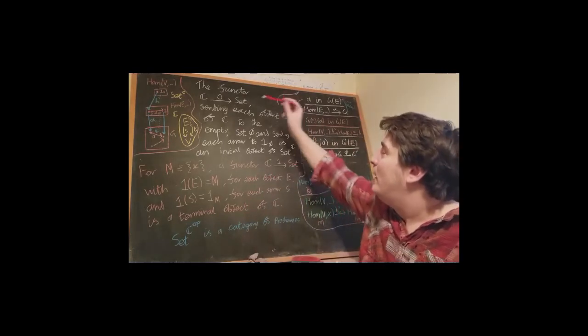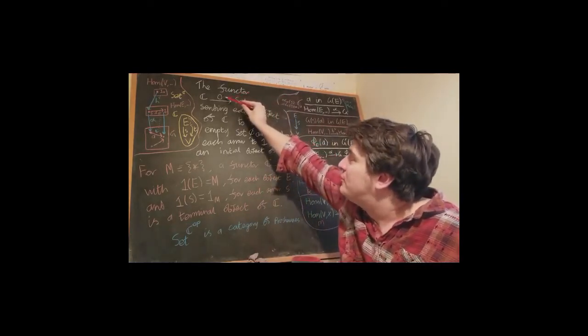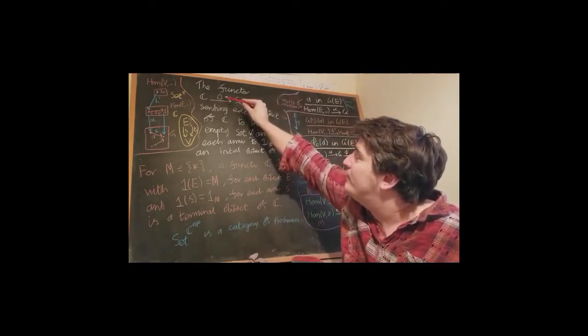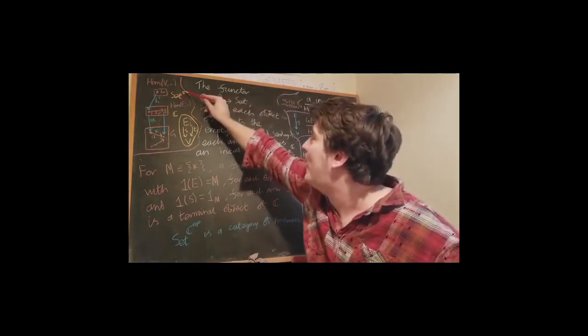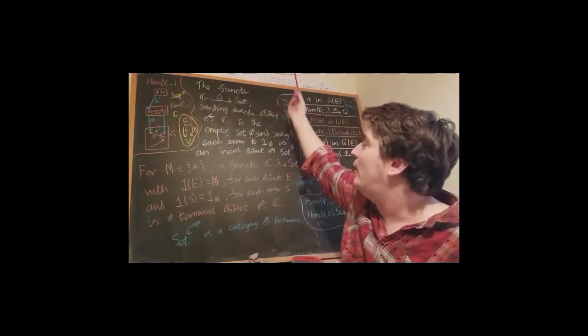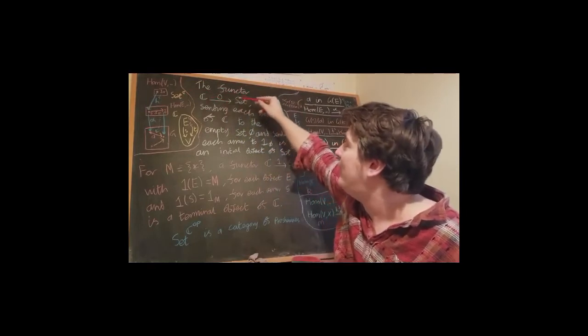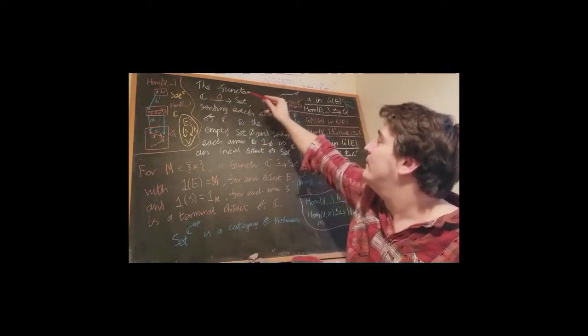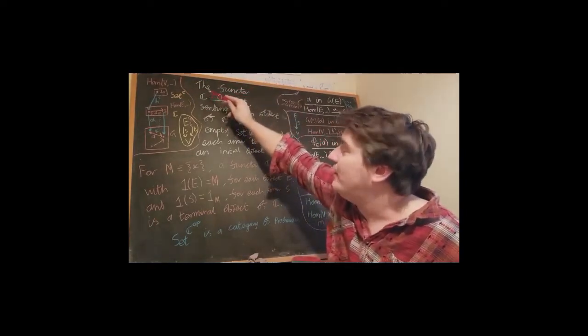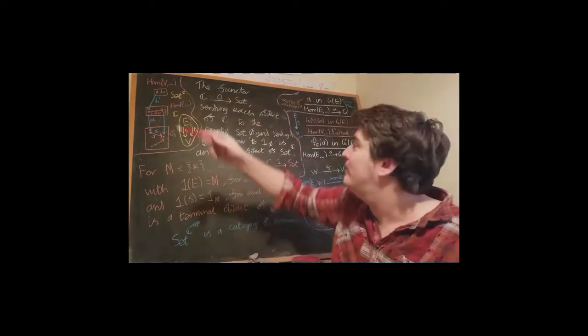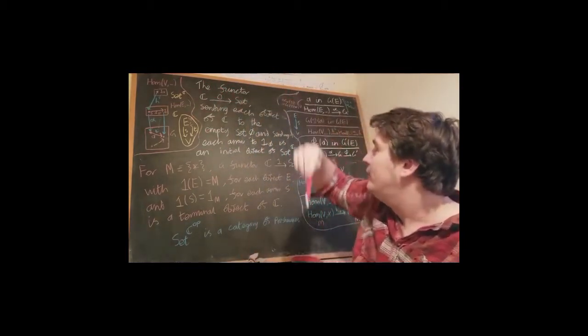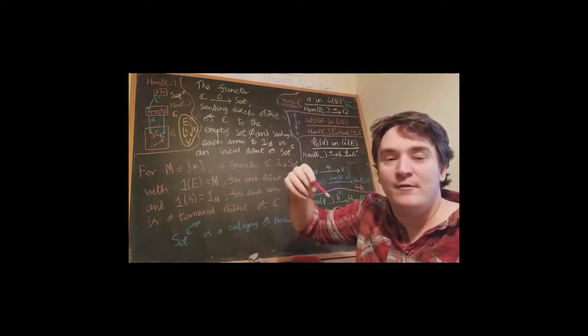As usual, we denote the initial object with a 0, and we think of this as an object in set to the power of C, or alternatively a functor from C to set. All it does is send every object in C to the empty set, and every arrow in C to the identity arrow of the empty set.